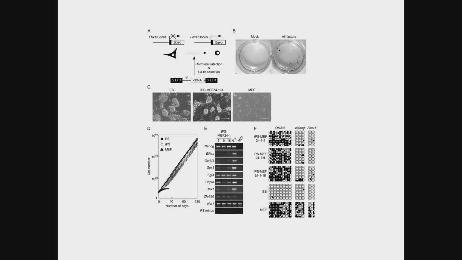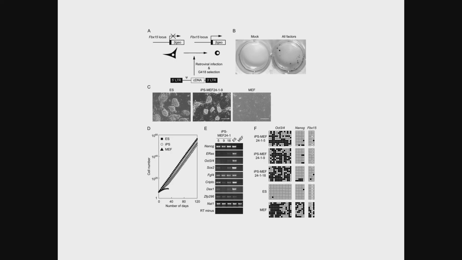Usually in the microscope, the stem cells will be really crowded, and it will look like a single cell, but it's a community. And MEFs already have a cell body, like this is the nucleus, and then they have a shape. It's too small, I guess, for you to see, but they look completely different morphologically.